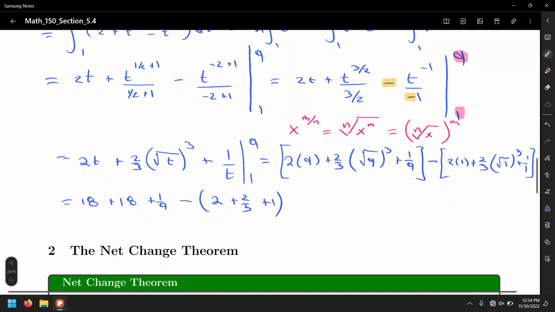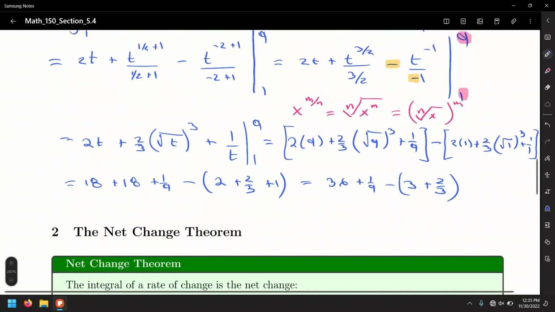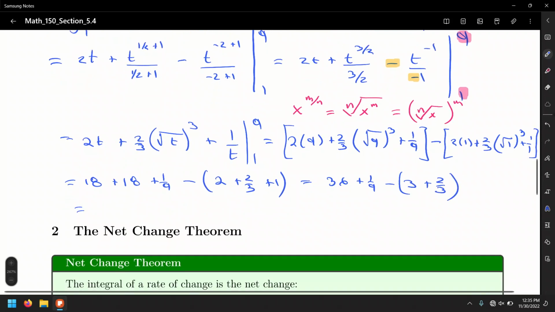So let's simplify 18 plus 18. That's 36 plus 1/9. And then 2 plus 1, which is 3, but minus in the front. So that's minus 3, or rather, minus 2/3.